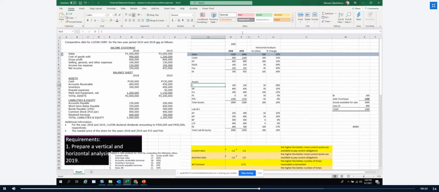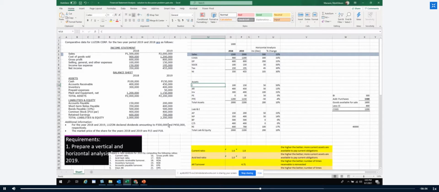Because in horizontal analysis we're actually just calculating for the percentage change. And remember, class, during your examinations, you don't actually need to complete the whole horizontal analysis. You just need to check the requirements first.